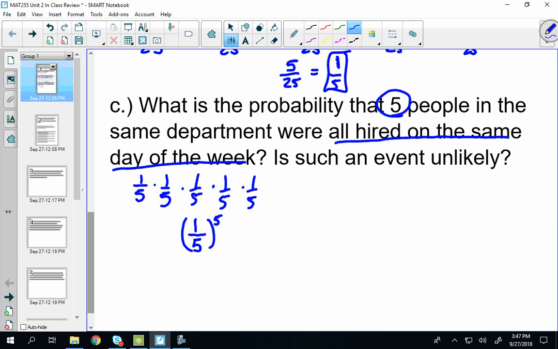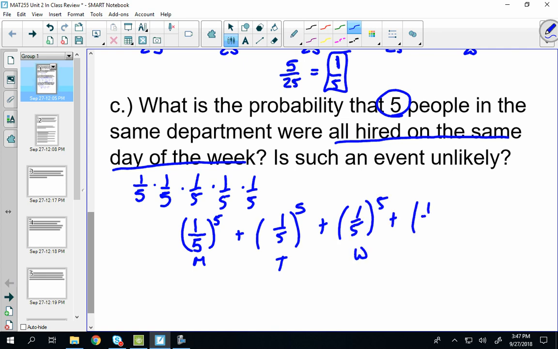Now that would only address one day of the week. I also need to add in the same thing for Tuesday and for Wednesday, also for Thursday. I also need to worry about Friday. If I do that math, I end up with 1 over 625.